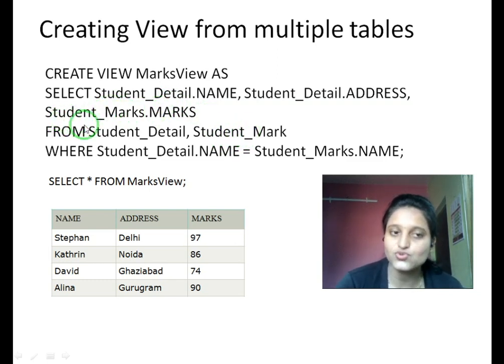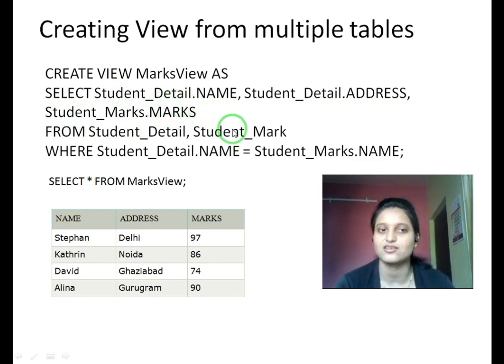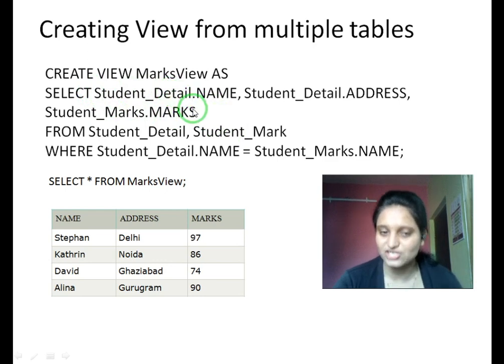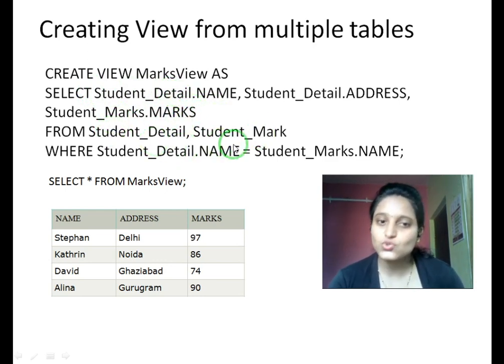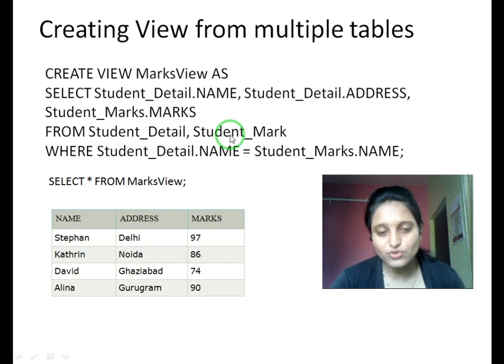Therefore, I include student_mark.marks. Marks is the attribute name from student_mark. Okay, in this way the expression is written from these two tables. I want to use these two tables. Therefore, list all the table names you require, separated by commas.